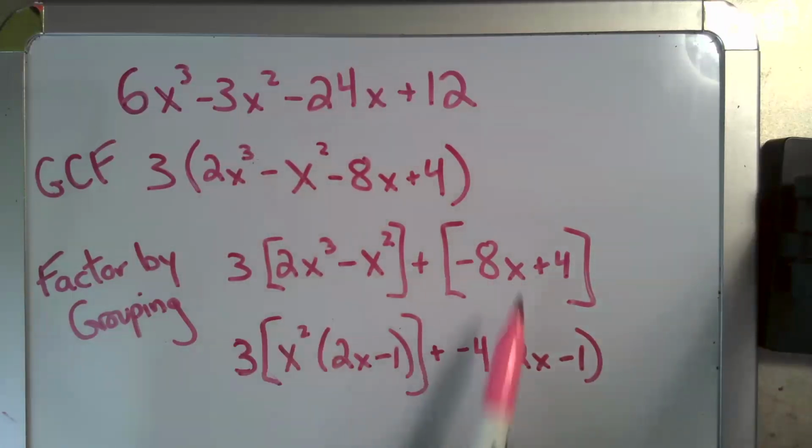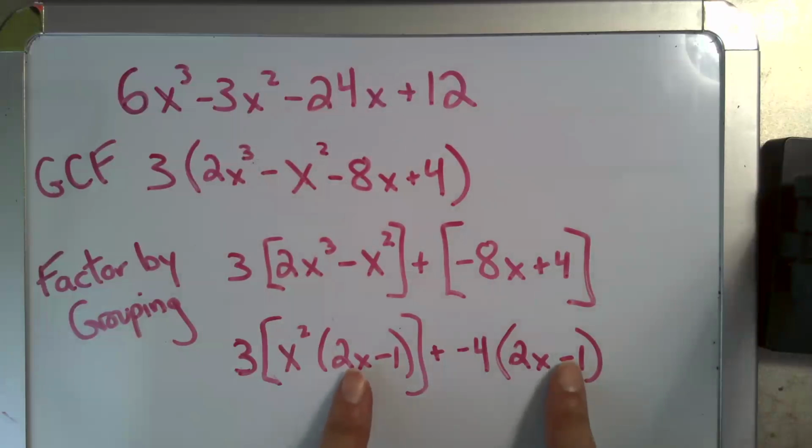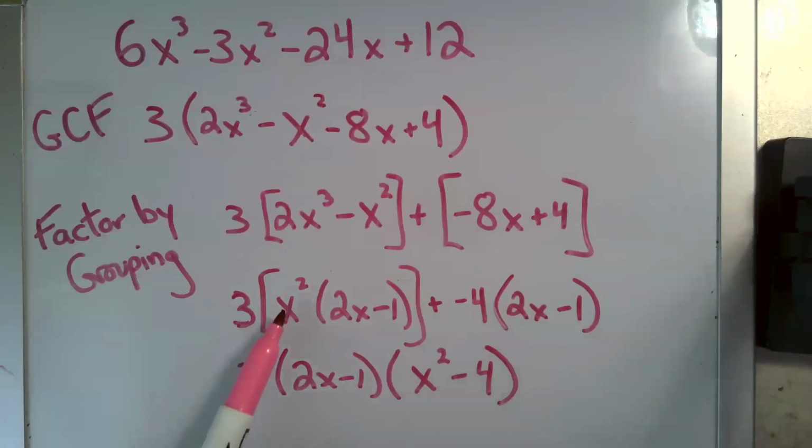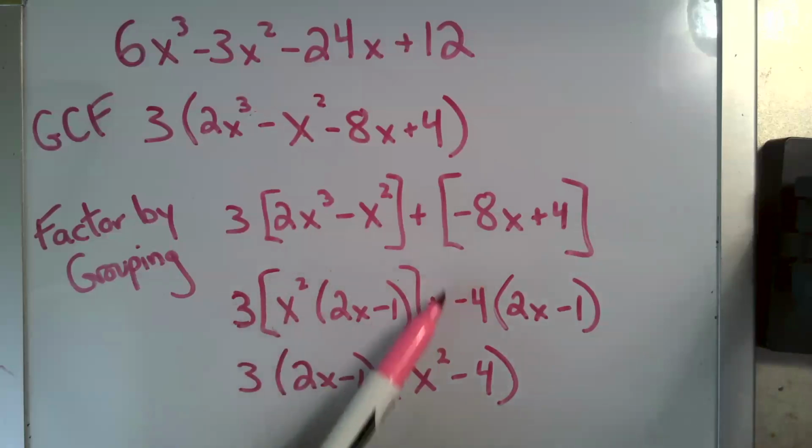And that leaves me with a positive 2x here. And when I divide negative 4 out of 4, that leaves me with a minus 1. And there's my gold because those are the same in both of these 2 terms. So my last step in factoring by grouping is I'm going to pull that out of both terms, and I'm left with an x squared minus 4 as my second term.